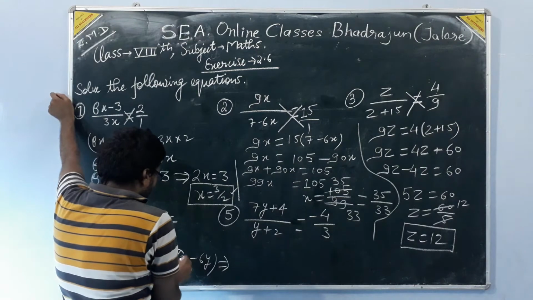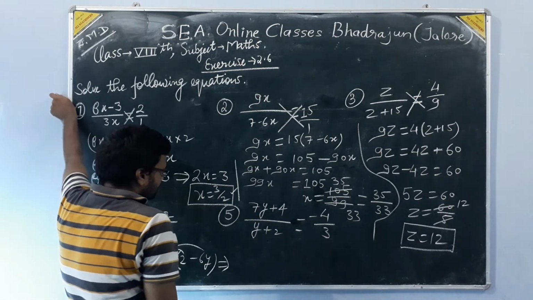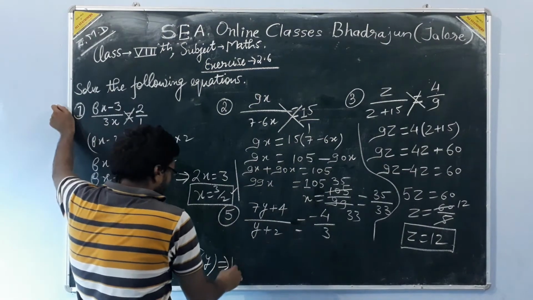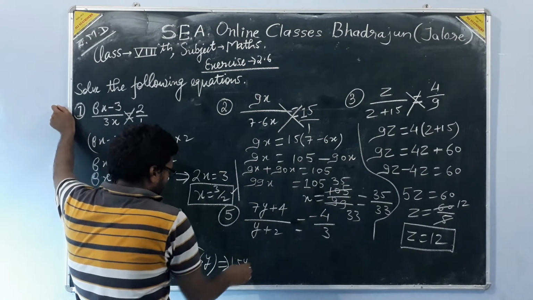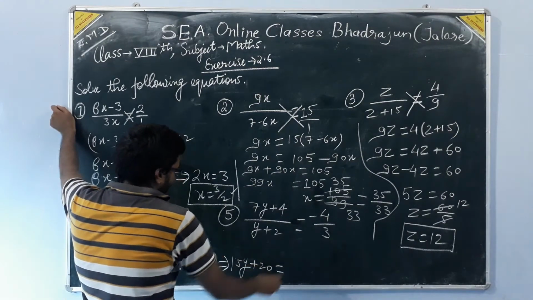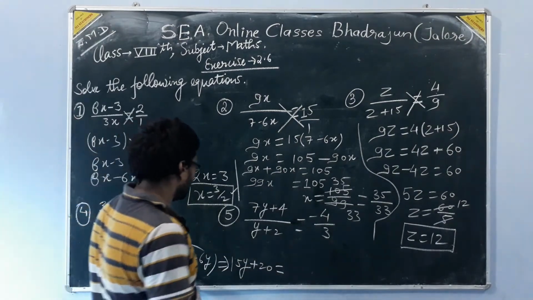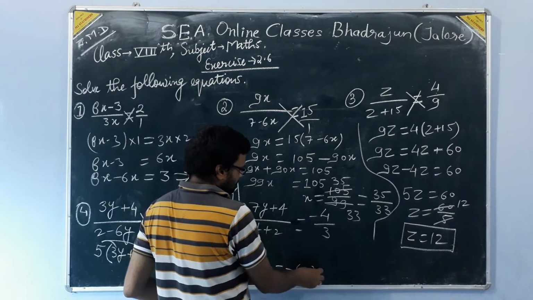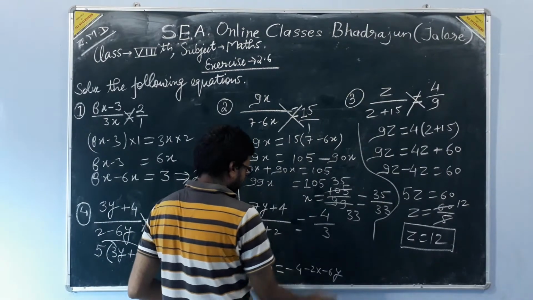Now minus 2 multiplied with 2 and minus 2 multiplied with minus 6y. So 5 multiplied with 3 is 15y. Again 5 multiplied with 4 is 20, and minus 2 multiplied with 2 is minus 4. Minus 2 multiplied with minus 6y.